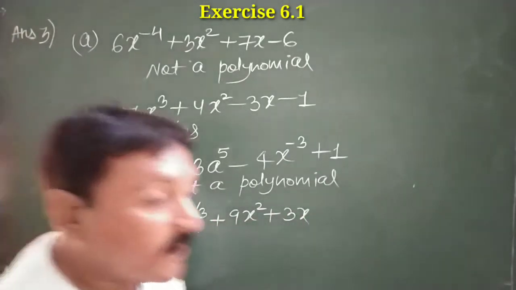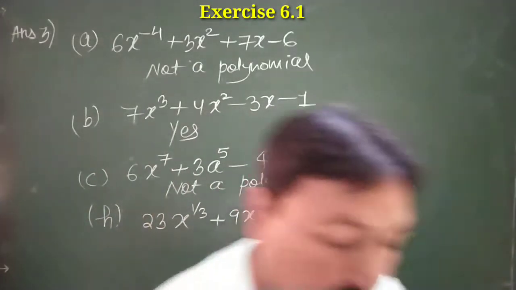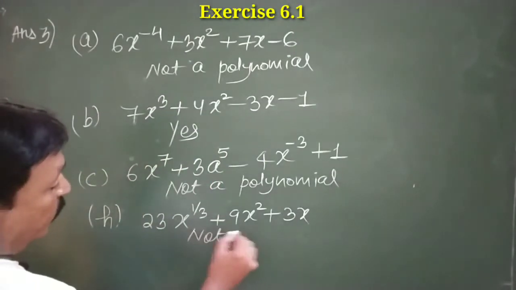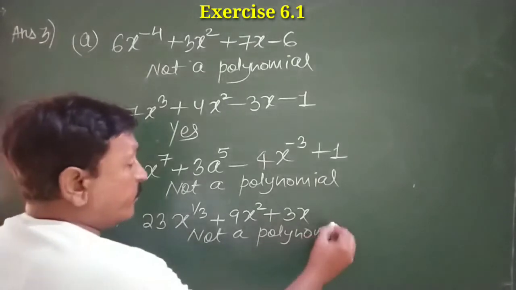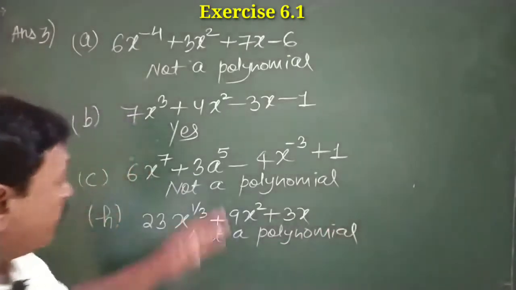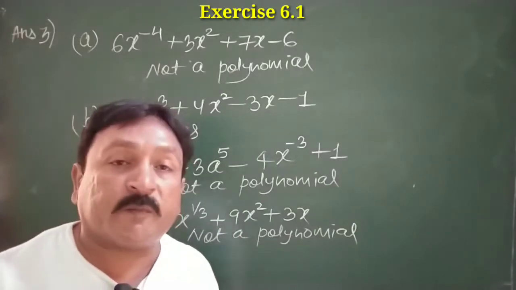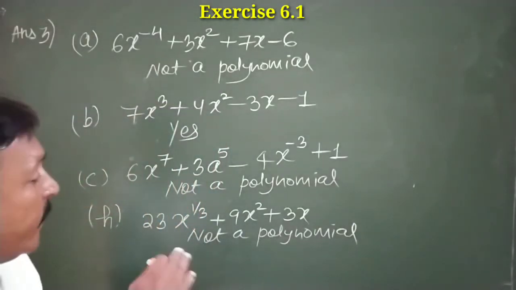Again, 1 upon 3 doesn't come in whole numbers, so it is not a polynomial. Is it clear? Hopefully from these 4 parts you have understood which expressions are polynomials and which are not. Okay, note it and do the rest of the parts by yourself.